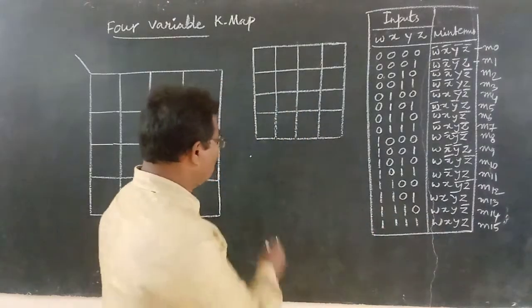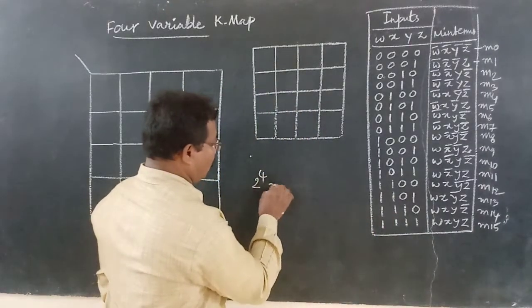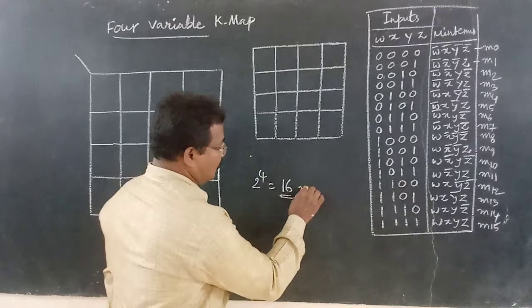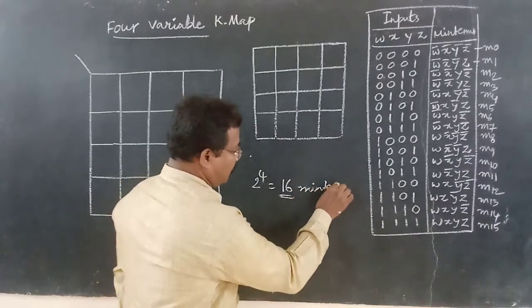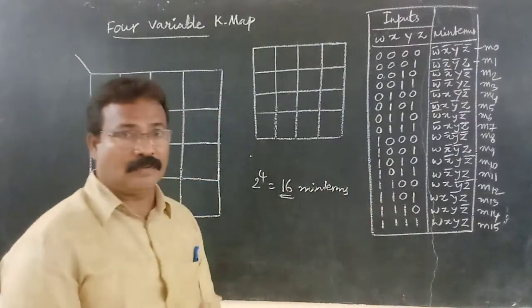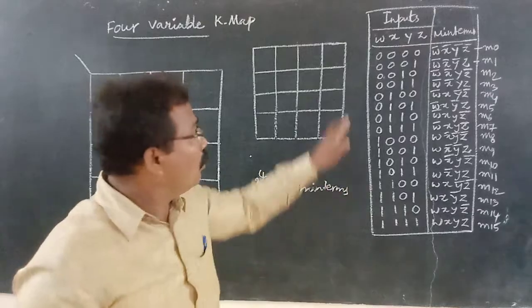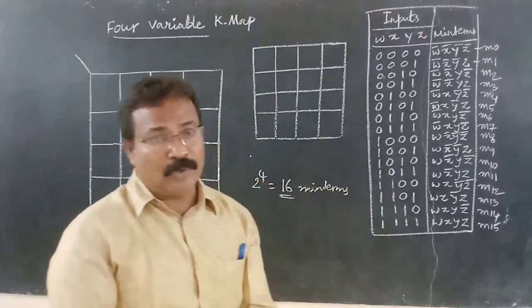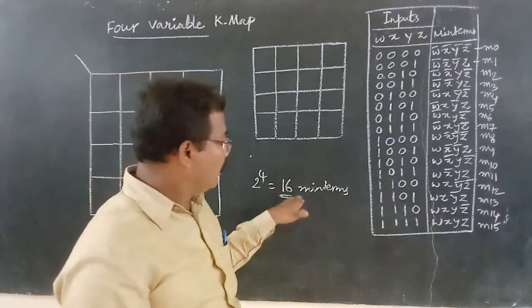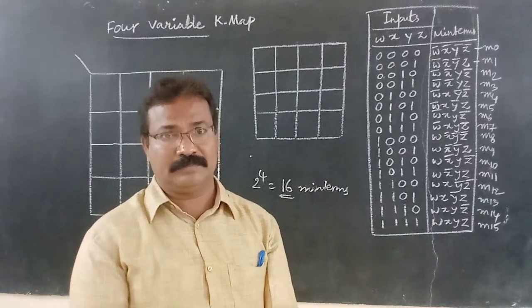That is 2 to the power of 4, which is equal to 16 minterms.